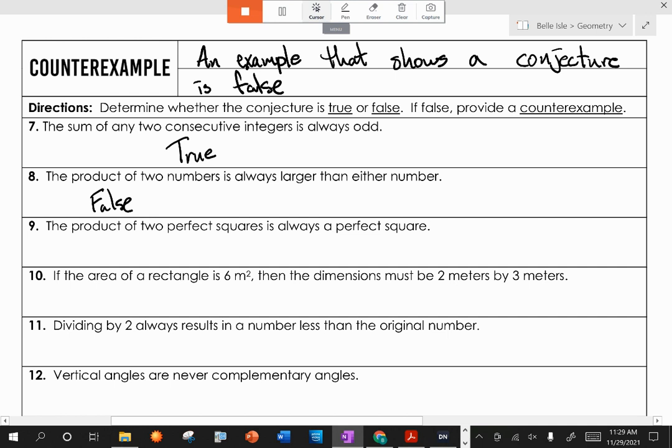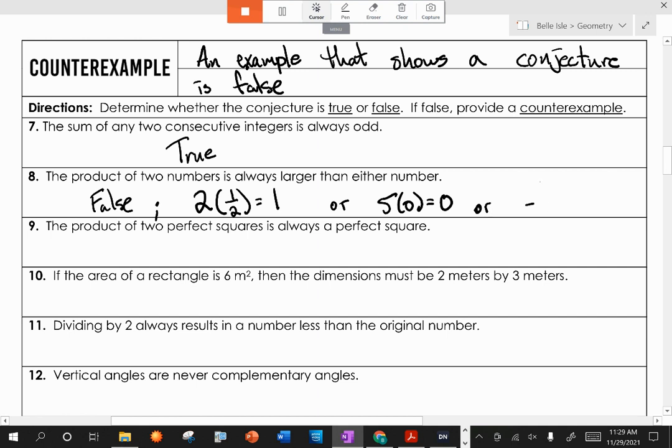The product of two numbers is always larger than either number. When does that conjecture not hold? If we did 2 times 1/2, that equals 1. If you do 5 times 0, that equals 0.